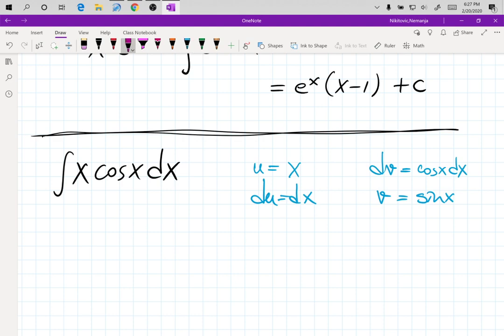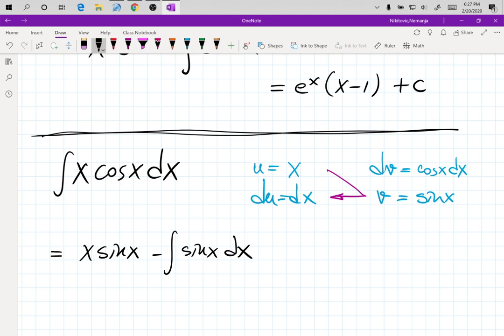And I'm going to put the arrow which helps with the formula and have u times v is x sine x minus the integral of sine x dx, which is v du.